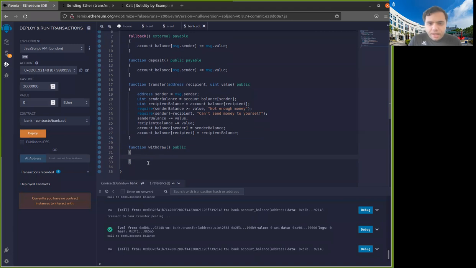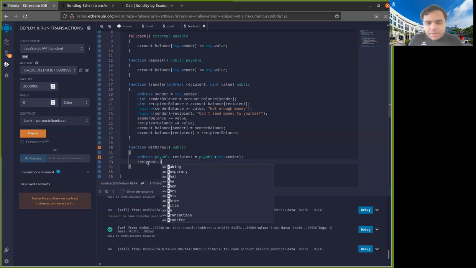So I will just have to say, let's say I have an address payable recipient who is now msg.sender. I have to convert it to payable explicitly. And then I just say recipient.transfer.